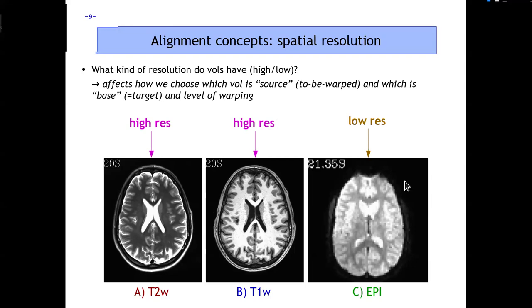This continuum here, and this looks kind of chunky, early 80s Nintendo, which is great. It's the best time to play video games, but anyways, this is just a lower resolution data set. This may affect which data set we choose as the source data set or the base, which one we're warping to and from. Other considerations come into that as well, but it's good to know.